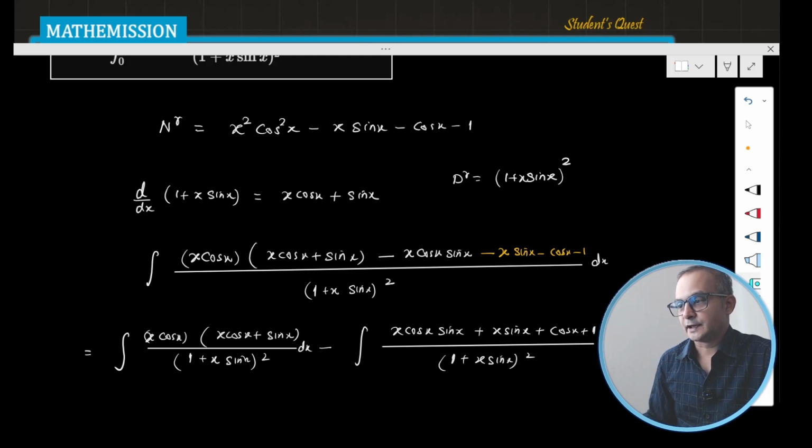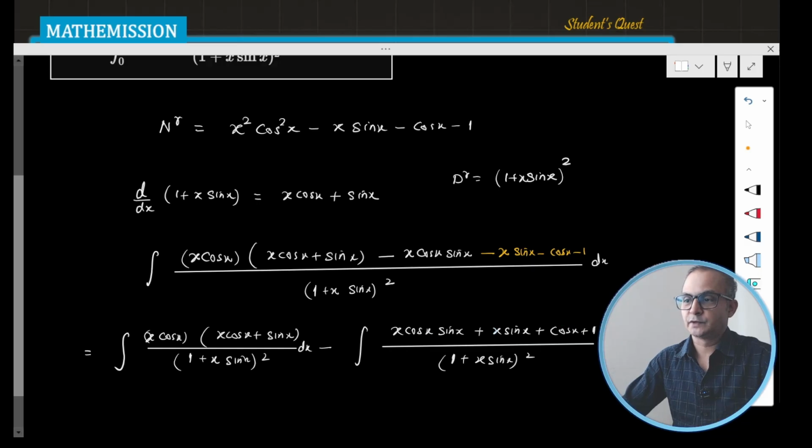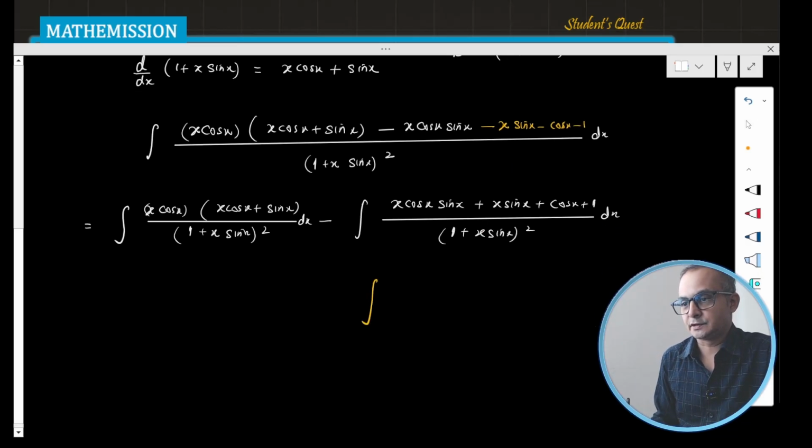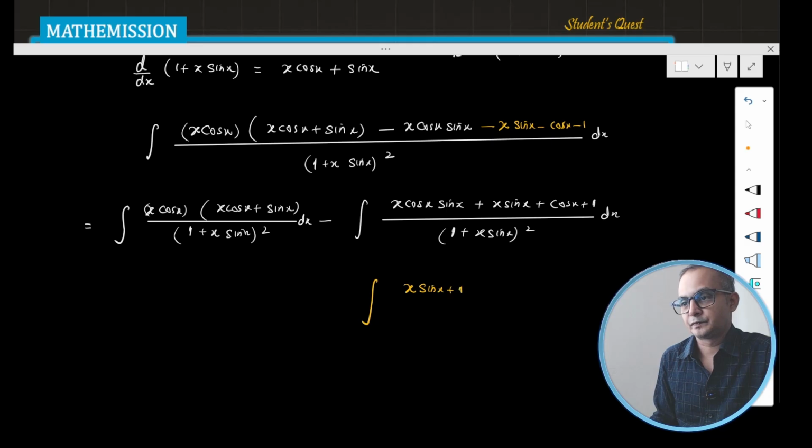Now notice one thing, that these four terms can be factored very easily, because from these two terms I can take x sin x common. So I will be left with cos x plus 1, and here also cos x plus 1. So these four terms will turn into this one. I'm writing here, this will become x sin x plus 1 into cos x plus 1.